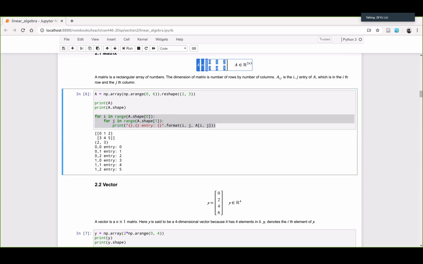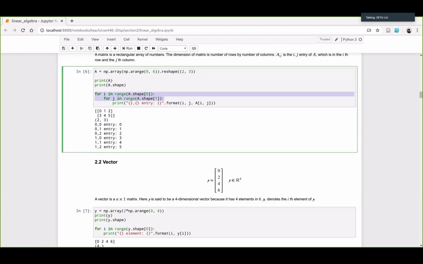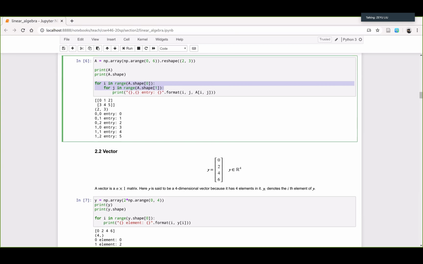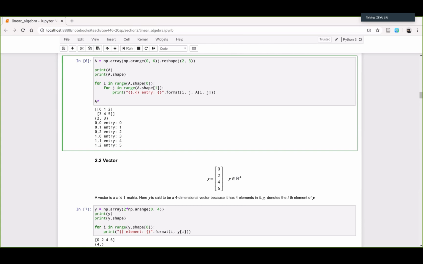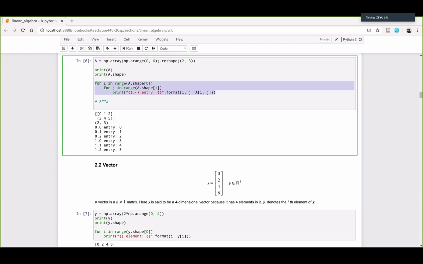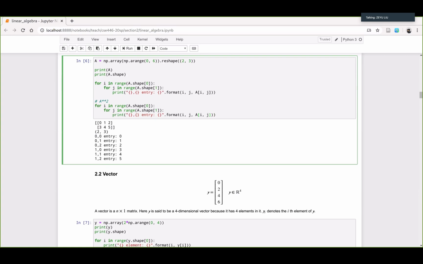But if you use Python without NumPy, you have to use nested for loops, depending on how many dimensions your array has, and keep looping through until you get the calculated results. For example, if you want to calculate what happens if you square this matrix element-wise, you will have to do it this way.